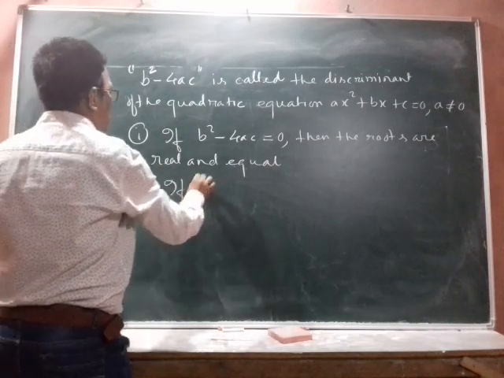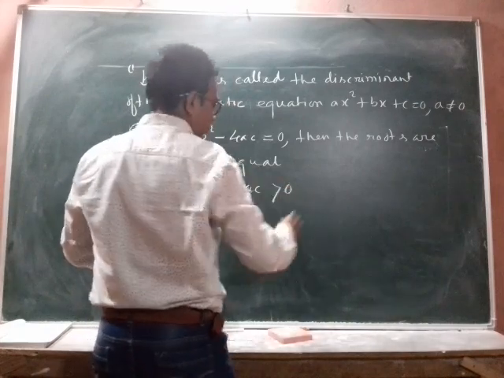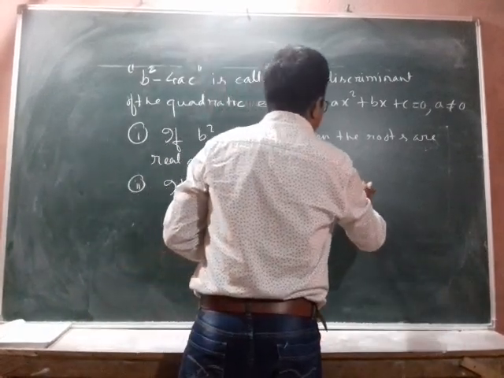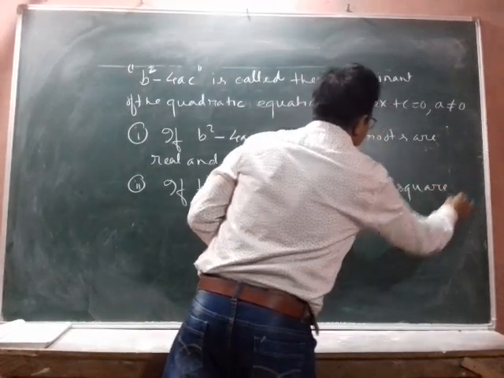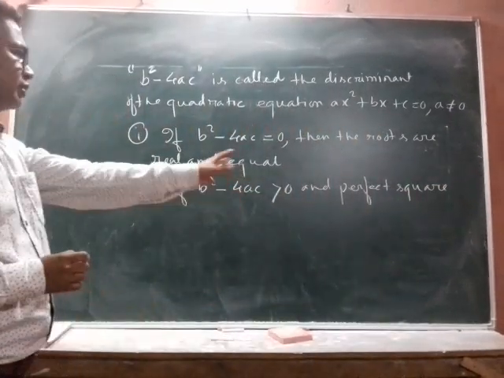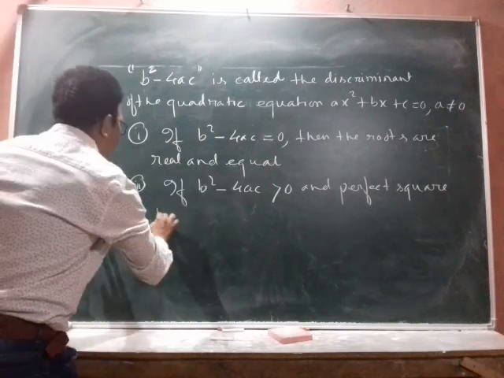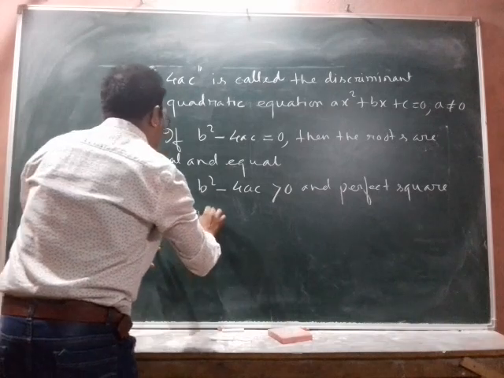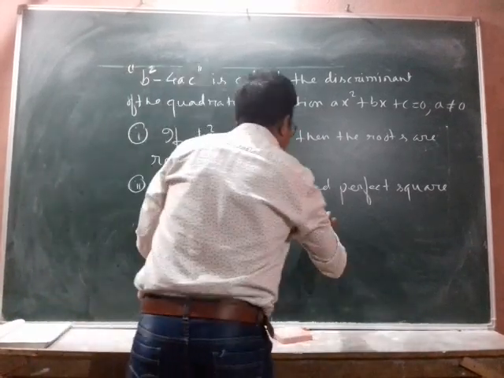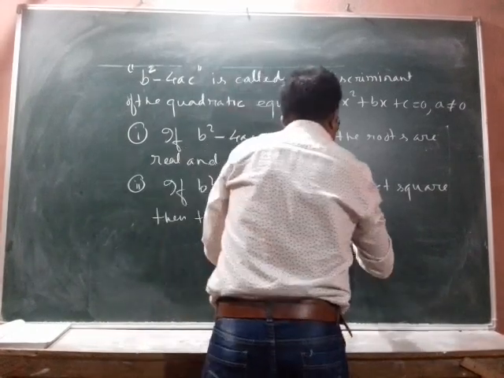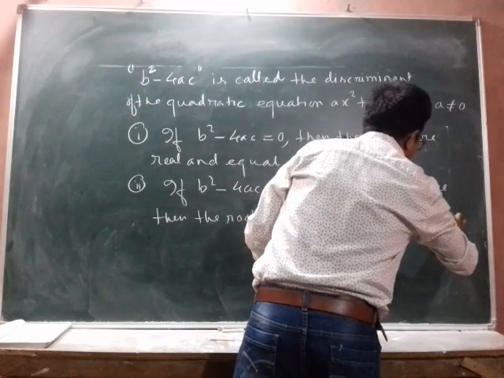Number 2, if b square minus 4ac greater than 0 and a perfect square, the value you get is a perfect square. Suppose b square minus 4ac you get 4, then it is a perfect square, and then the roots are real, unequal and rational.